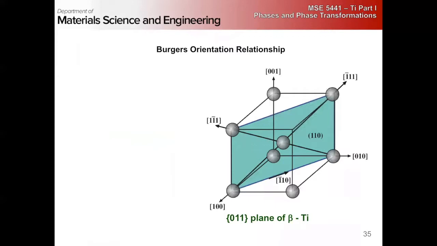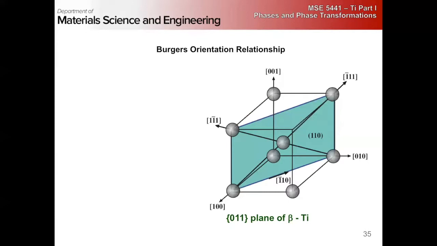So titanium, one nice thing about it, is there's this Burgers orientation relationship between the prior beta and the new alpha. And unlike steel, this holds exactly, right?